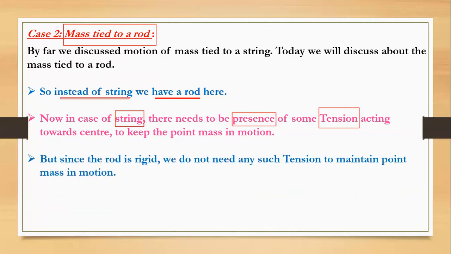But in case of rod, tension is not necessary here. In case of rod, we do not need any tension. As the rod is rigid, tension is not expected here.